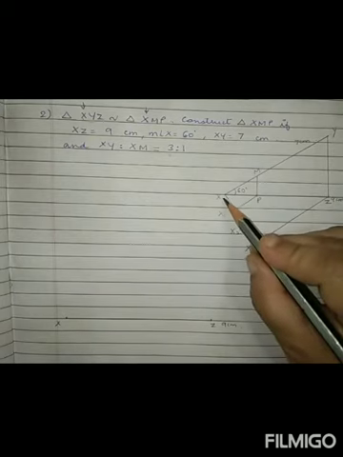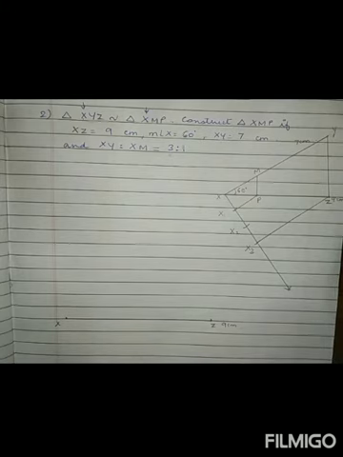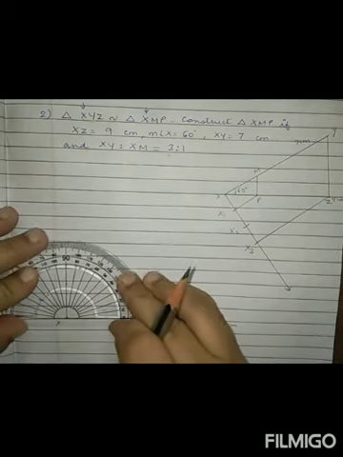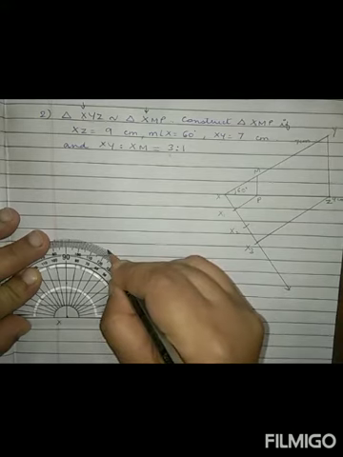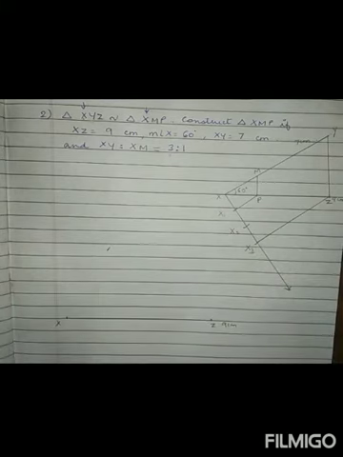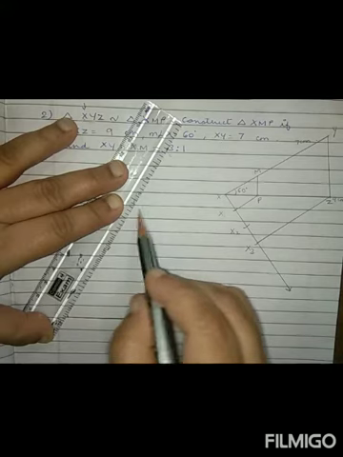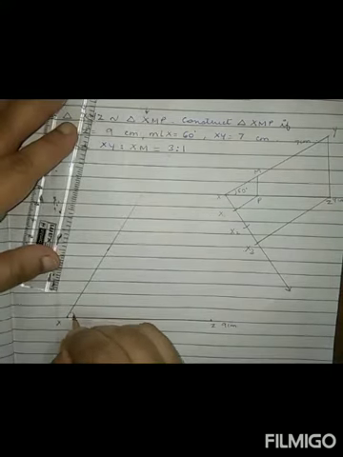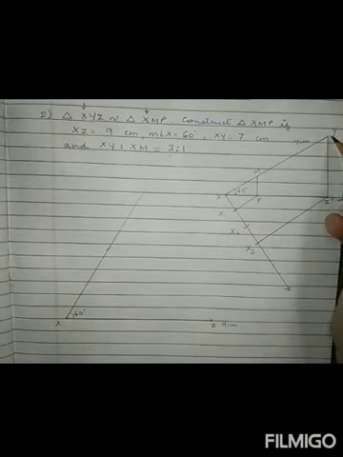Now the angle over here is X, which is 60 degrees. So with the help of the protractor, let us measure this angle here as 60 degrees. Okay, so this is 60 degrees, and on this I need 7 centimeter.